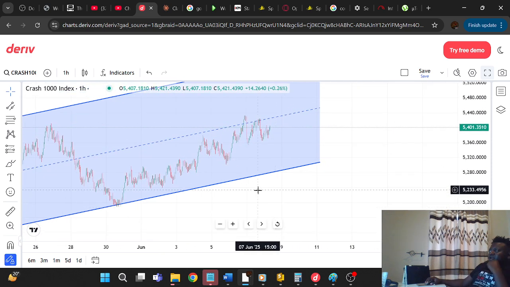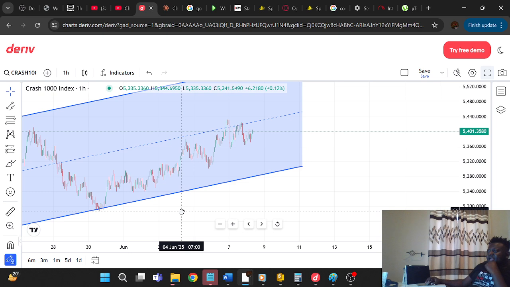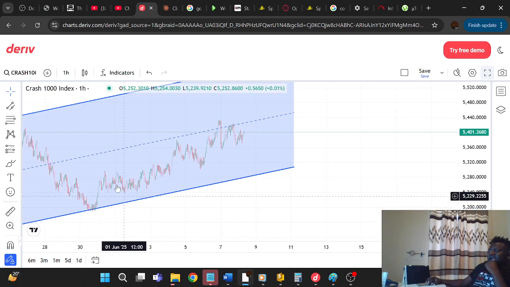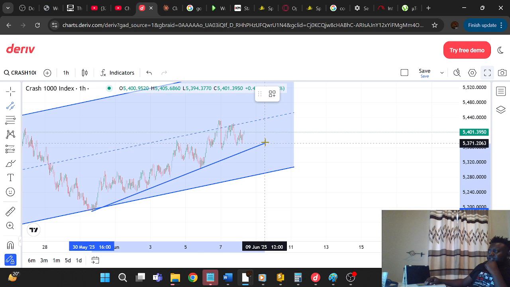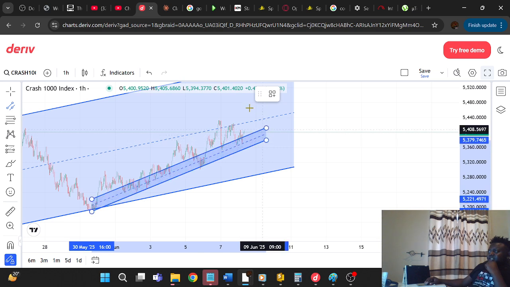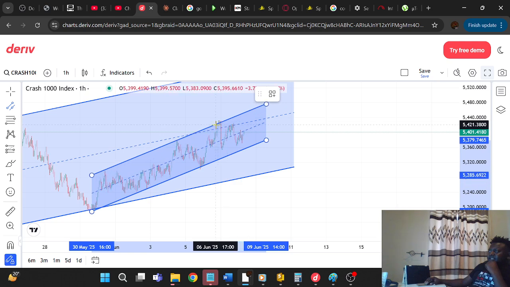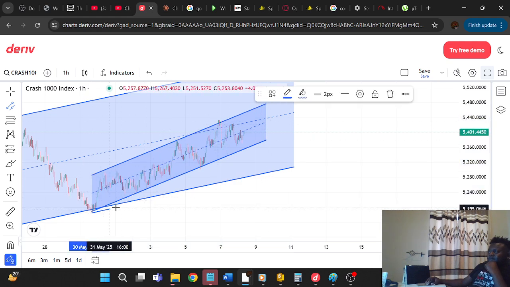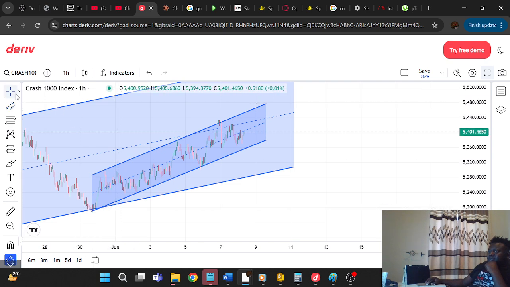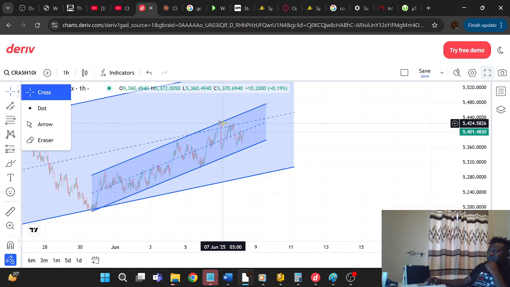Okay, looking at the 1-hour time frame, I can tell that the market is creating higher highs as it goes, which means the market is in an uptrend again. We touch the lowest point, we touch our second point, and we touch our highs. Okay, in this case, if we have good highs, like we can see here, these are perfect highs.